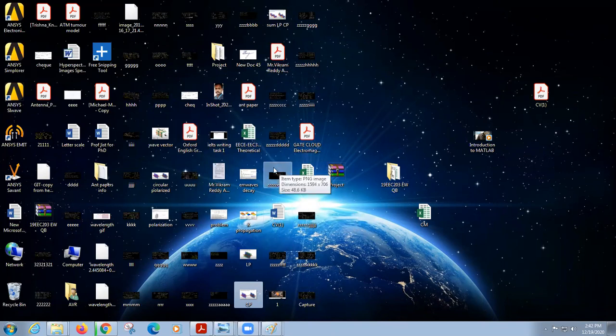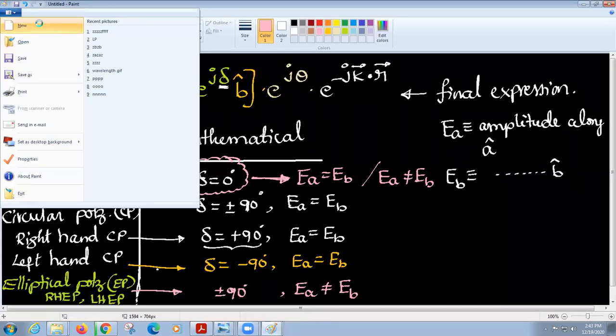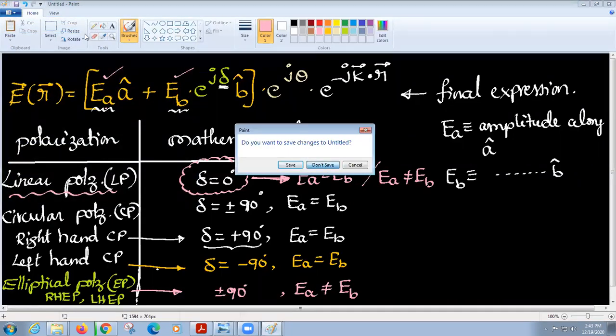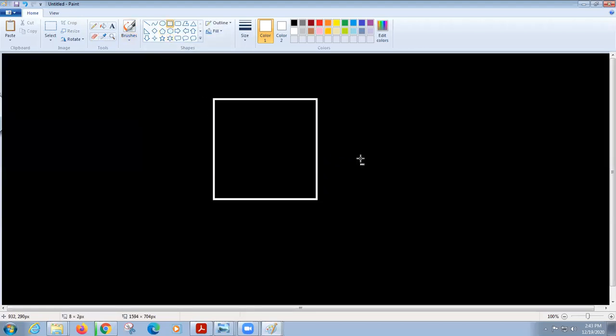IEEE says, for example, okay, I can draw it for you now. For example, you have a transverse plane, something like this. Say a wave is propagating something like this.